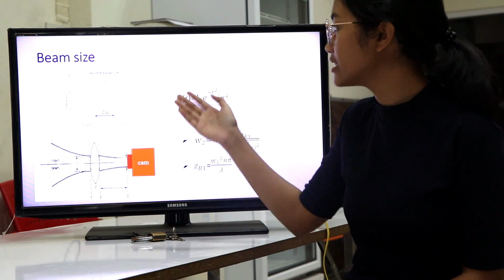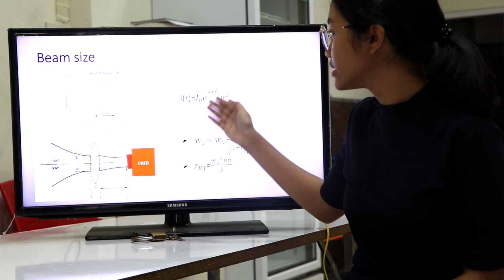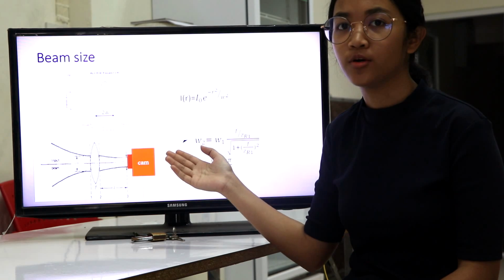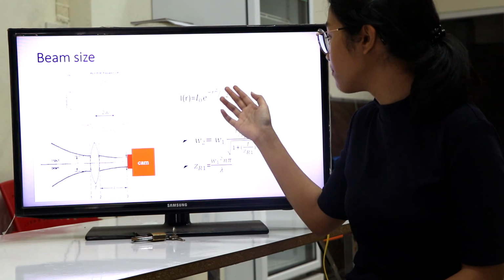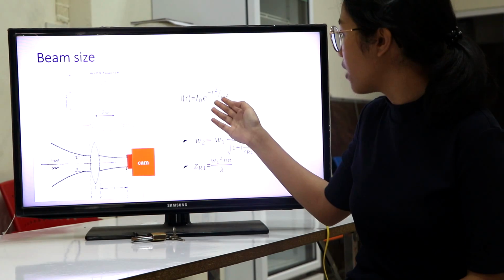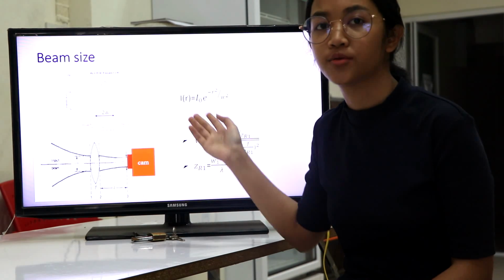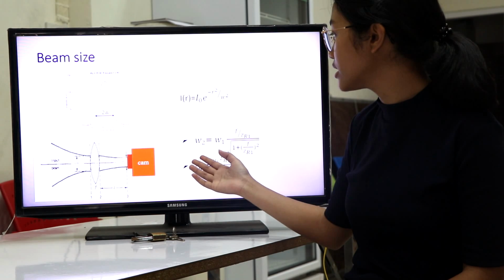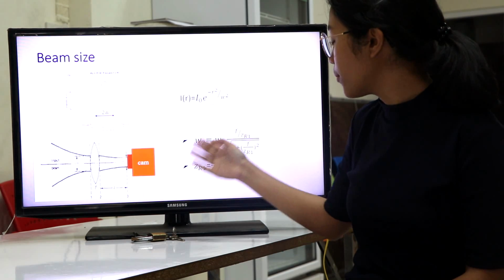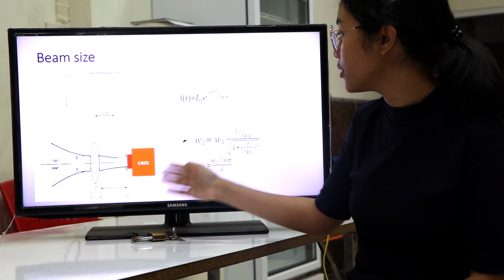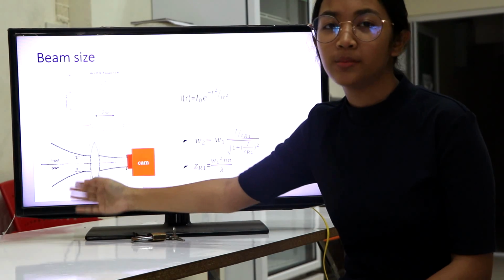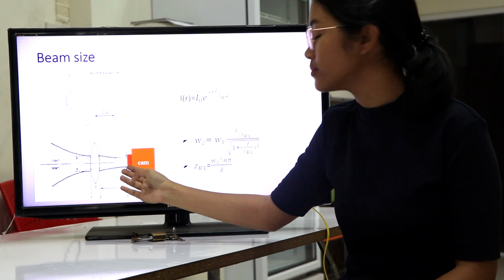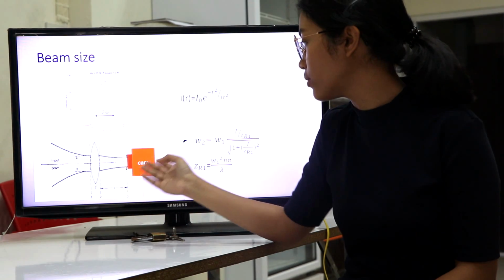To analyze beam size, we will use the Gaussian function, where the intensity at distance r equals peak intensity times e to the power of minus r squared over w squared, where w is the width of the beam. And this is the relation, or the equation, of W1 and W2, where W1 is the beam size before the lens, and W2 is the beam size that we can detect from our camera.